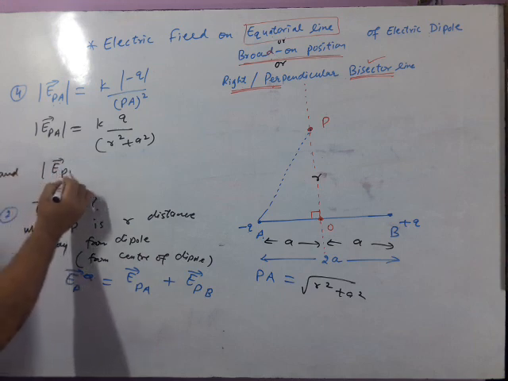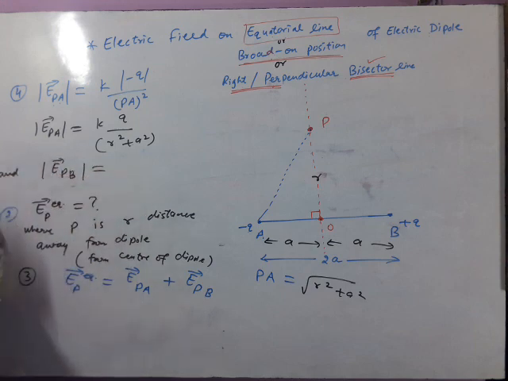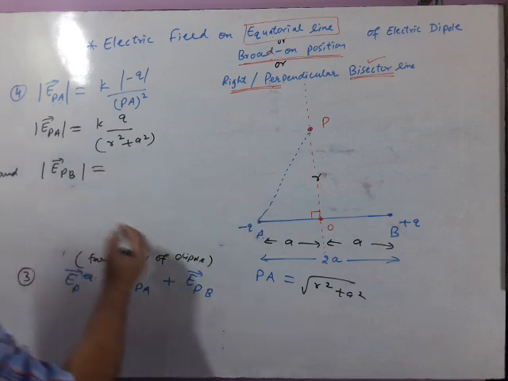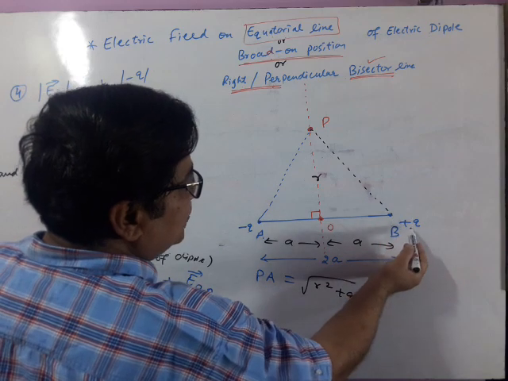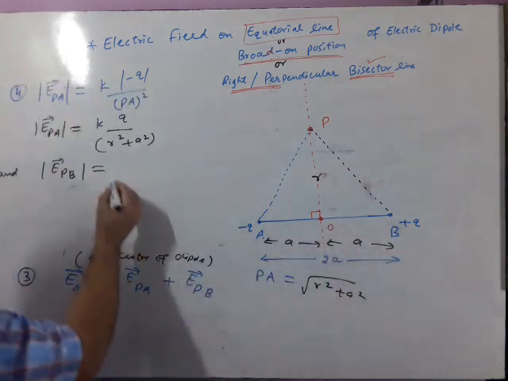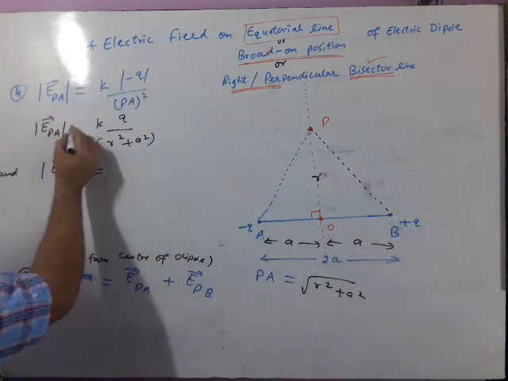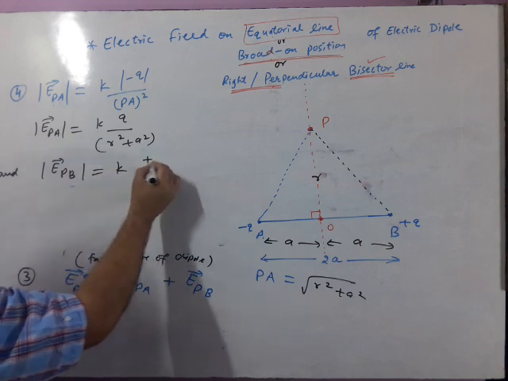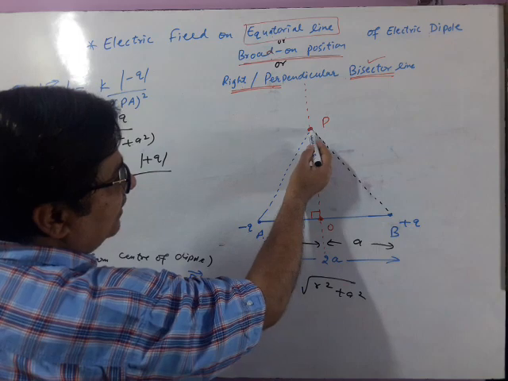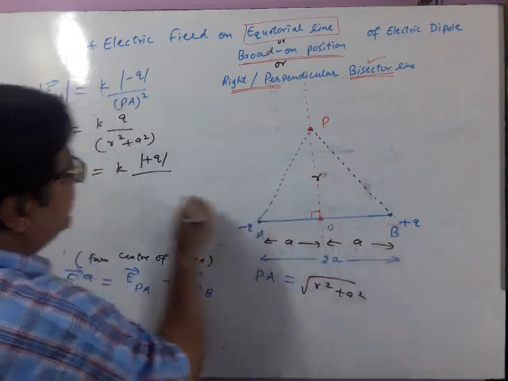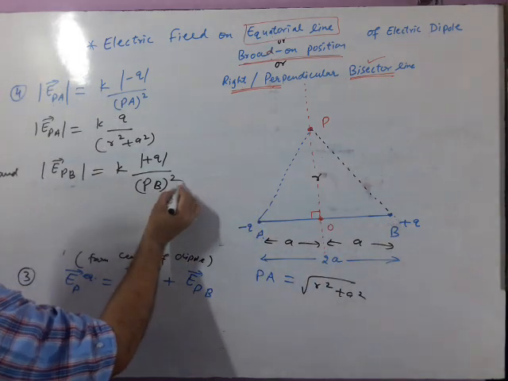Similarly, mod of EPB vector at P, because of this plus q charge placed at B. So you will write it like this. K mod of positive charge and distance from plus q charge and P. It is BP or PB square. Again the trick.